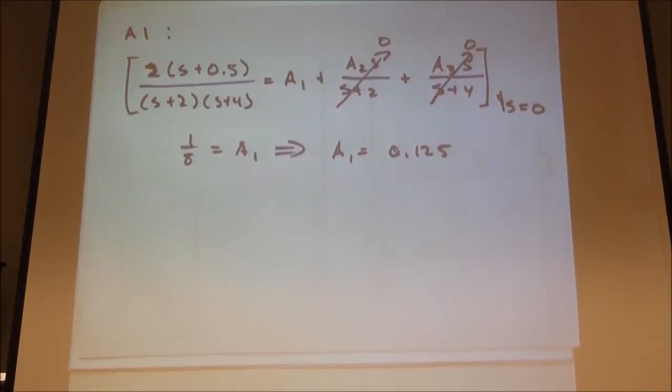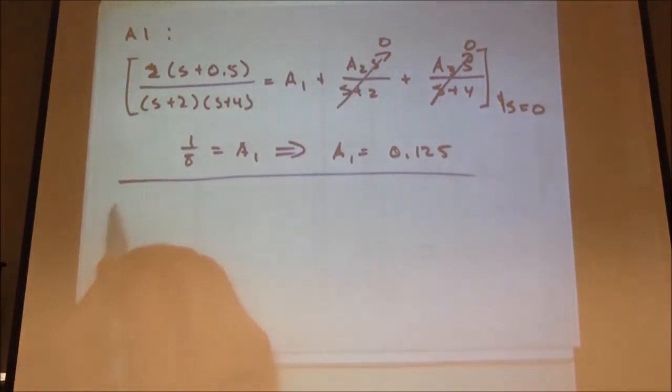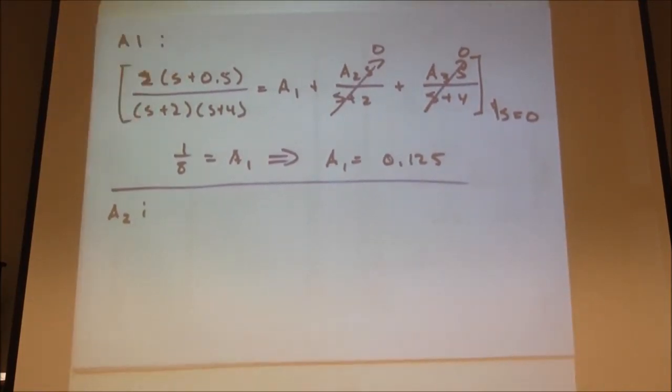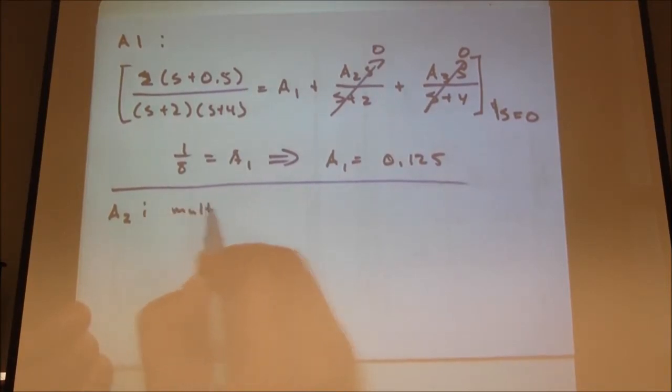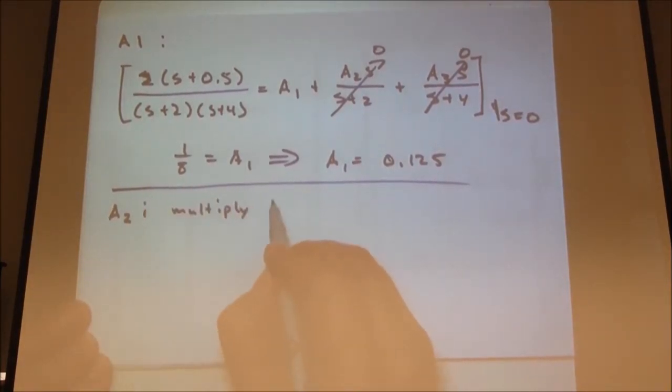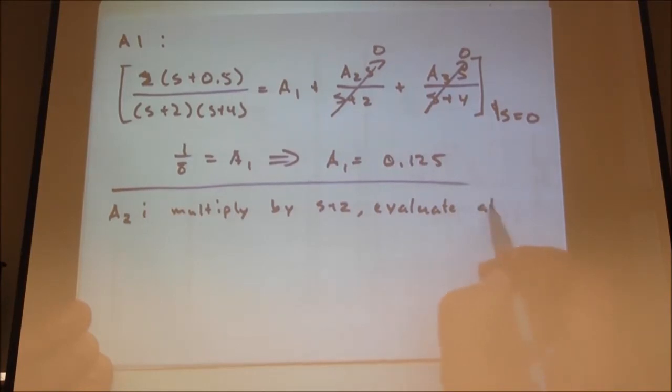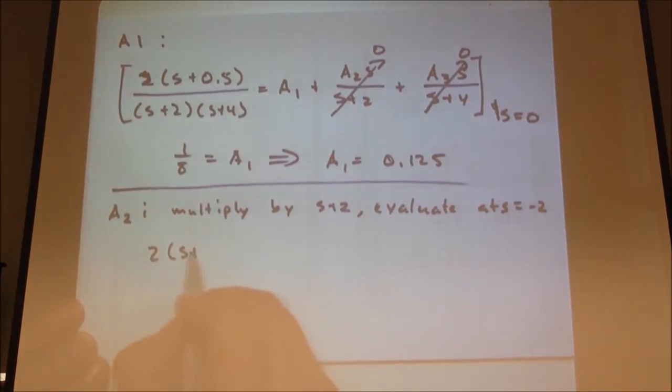And we can do the same thing for A2. So for A2, our denominator is S plus 2, so we multiply by S plus 2 and evaluate at S equals minus 2. And I'm not writing out all the steps, of course.